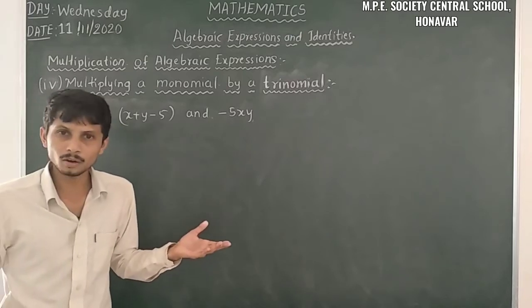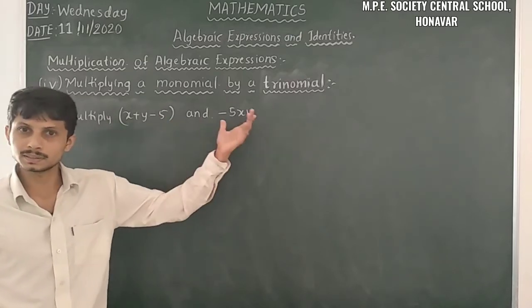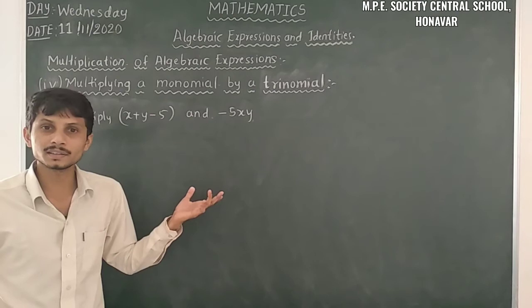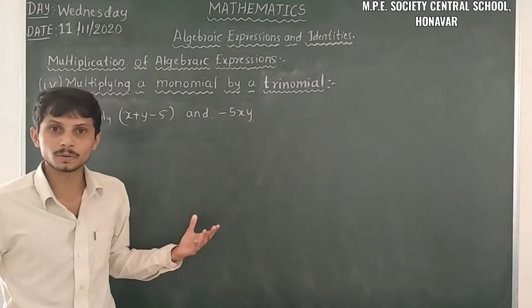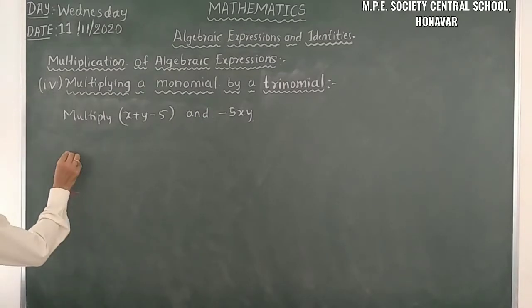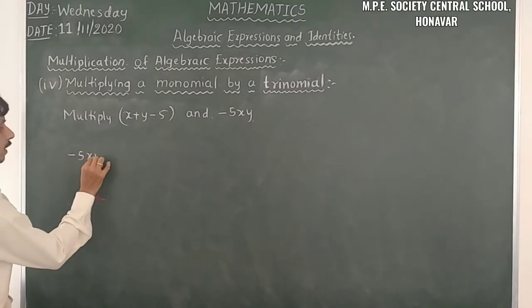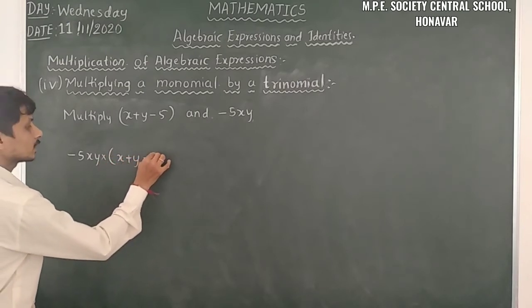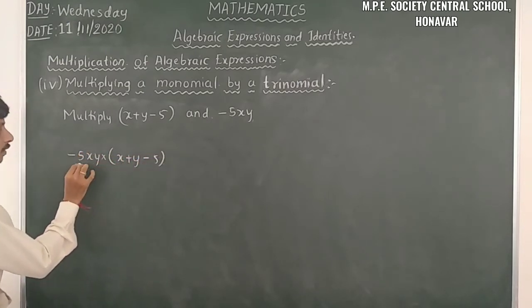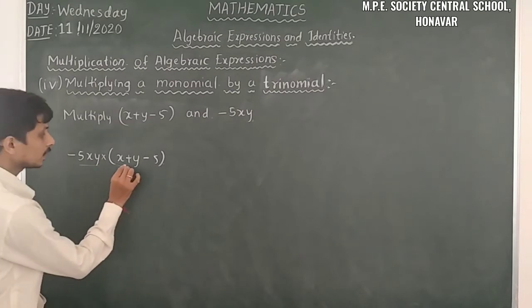Whatever concept we have, we write it in our suitable form. I will write it like this: minus 5xy into x plus y minus 5. Here this is the single term, and there are three terms here.